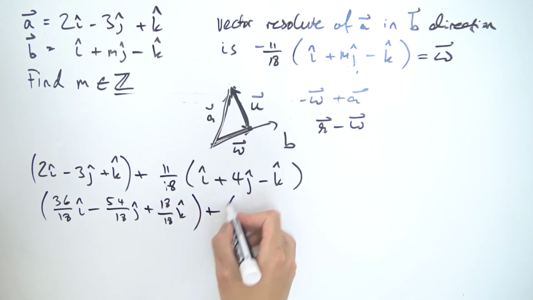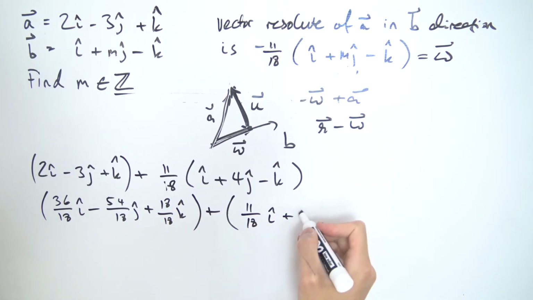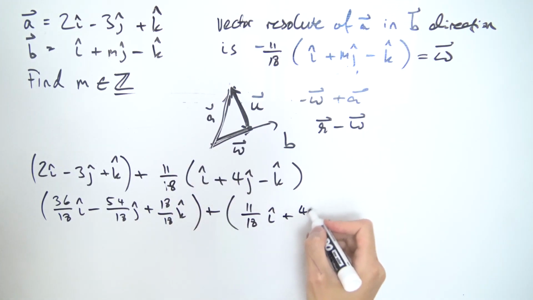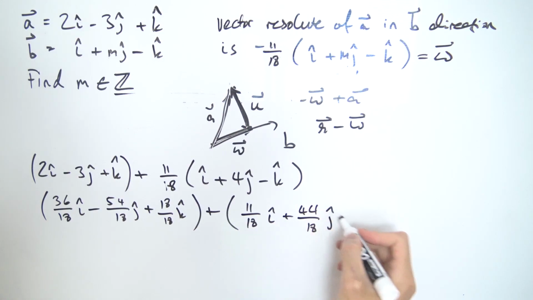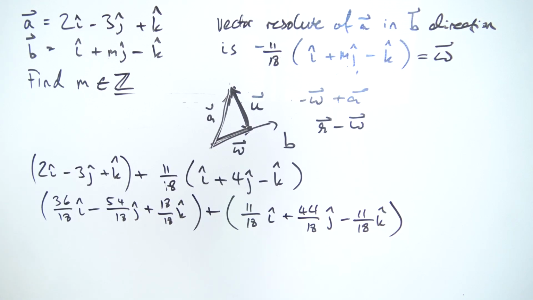And we have 11 over 18 I plus, now 4 times 11 is 44 over 18 J, minus 11 over 18 K. Okay, now we just add each of these components together.